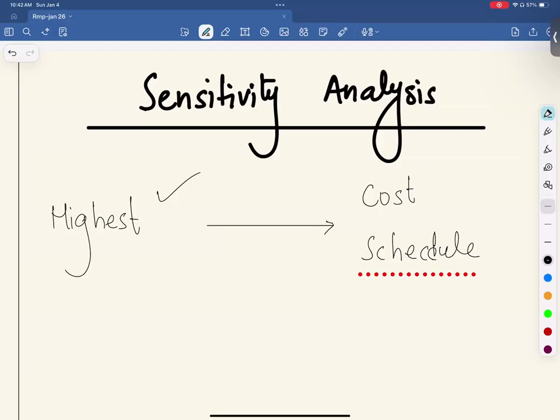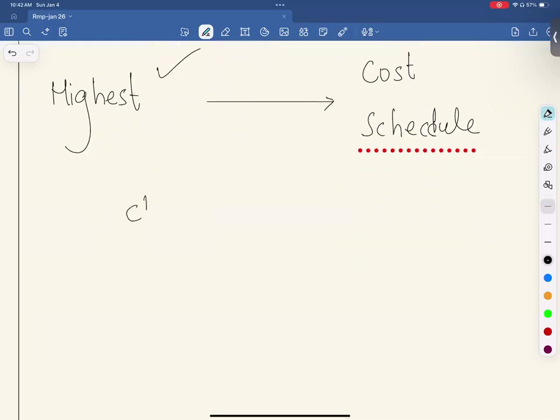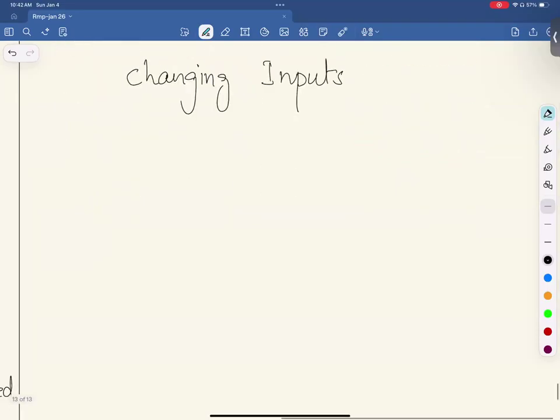And how do we get to know? We do this by changing inputs. This is really interesting to know, changing inputs. So for example, let's say your total project cost is dependent on different factors.